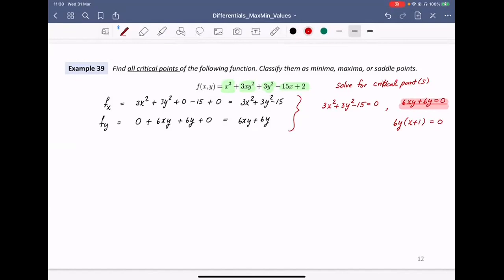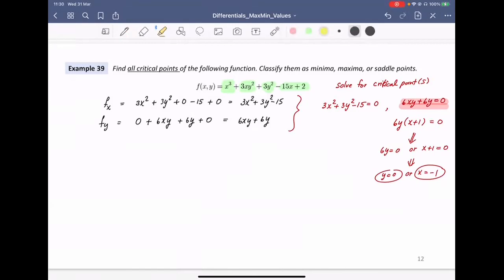And that means, if you have two numbers that you multiply and you get 0, then either one must be 0. So 6y equal to 0 or x plus 1 equal to 0, and that means y equal to 0 or x equal to -1. This is your conclusion for the equation that I highlighted in red.